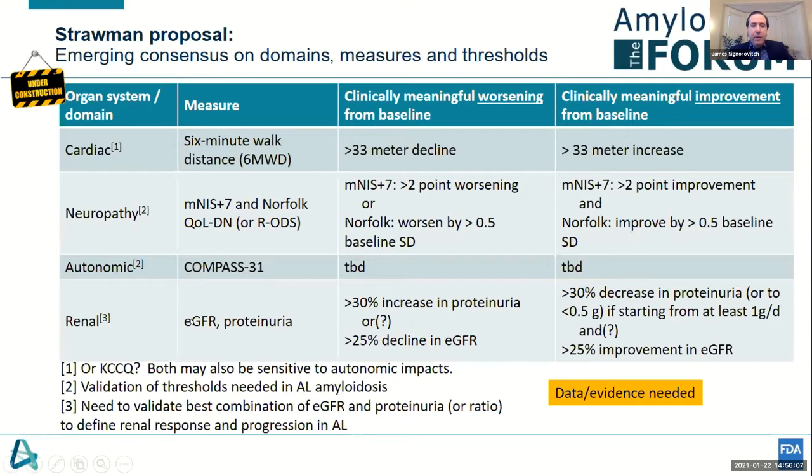And then in renal, there was some discussion of combining EGFR with proteinuria to come up with a threshold of worsening and then a threshold for improvement from baseline. So I think all of the thresholds and decisions here need to be worked out, and that'll be a continued discussion informed by evidence. But we wanted to share this to give a flavor of what a composite outcome might look like in AL.